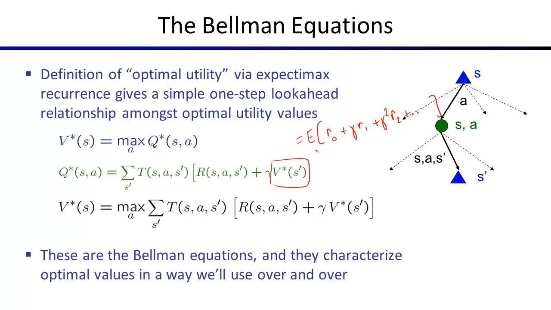But now, since this is only starting one time step later, you need another gamma up front here to make it be the right thing. Because V star of S prime doesn't discount the first reward, but it's coming in one time step later because S prime is sitting here.